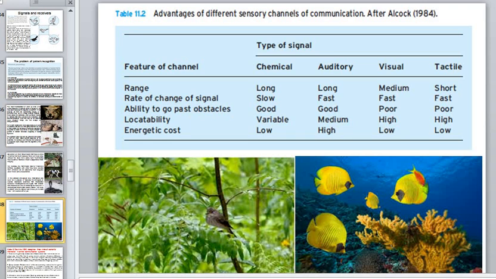Another is that they provide information about different qualities of the signaler, the multiple message hypothesis. And of course the signals must be effective in the environment. We said that some lights can't be visible in some areas.